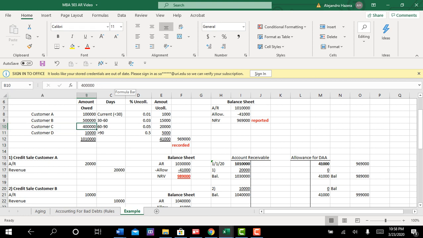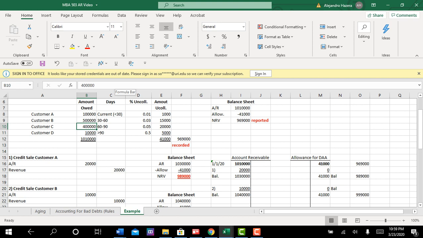Of the $400,000 they owe, they call up and say there's a couple of amounts they don't want to pay, and they're just not going to pay. So you know this person is not going to pay. Your lawyer probably charged you too much, so you're just going to go ahead and write their account off.